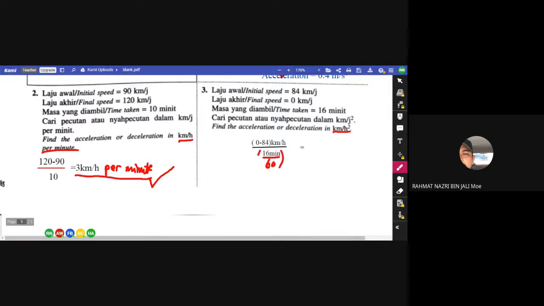Put a bracket. So the minute is no longer there. We remove the minute, we write hour. So use your calculator: open bracket 0 minus 84, close bracket, divided by open bracket 60 divided by 60, close bracket. And then you can get the answer. The answer is negative. We have a deceleration here.